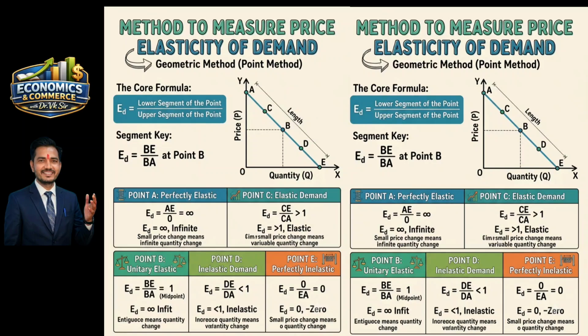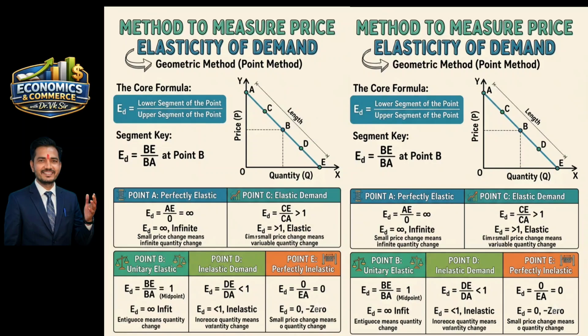Let's go for point D. At point D, the lower segment is DE and the upper segment is DA. So DE is smaller than DA. So we can say ED is less than 1. We also say inelastic demand.